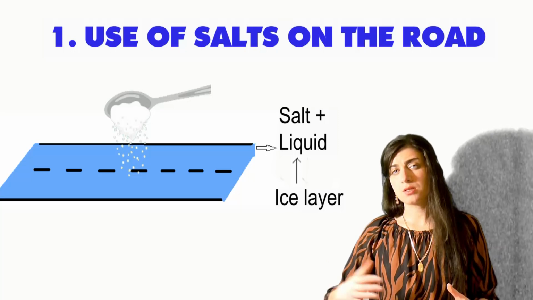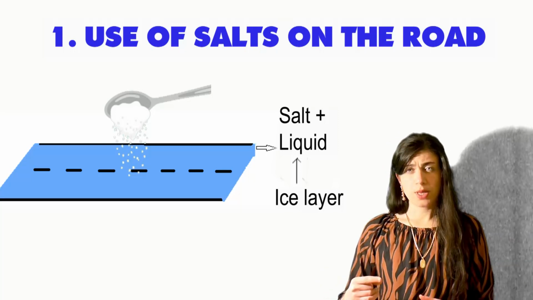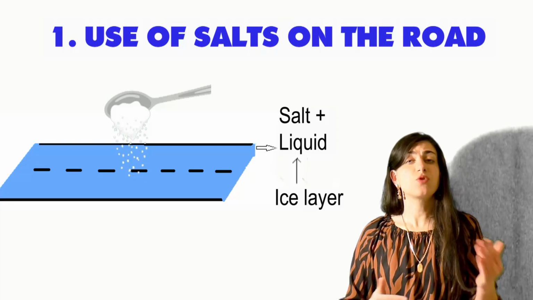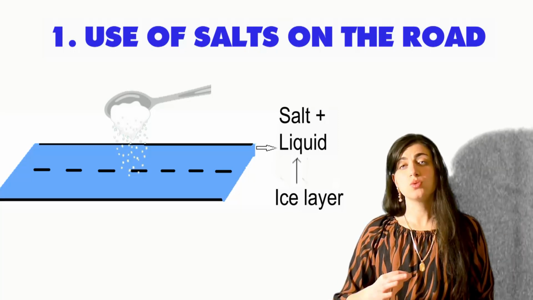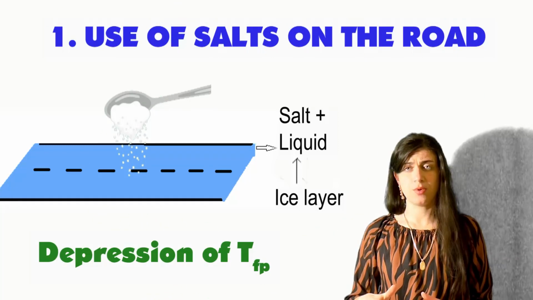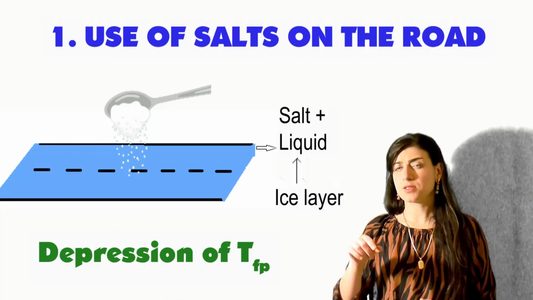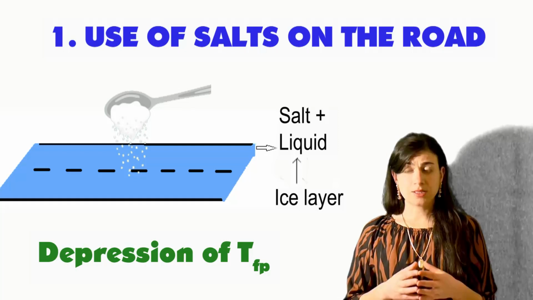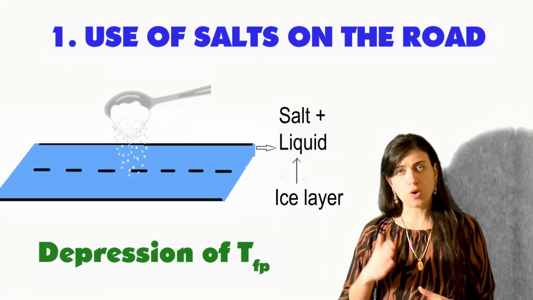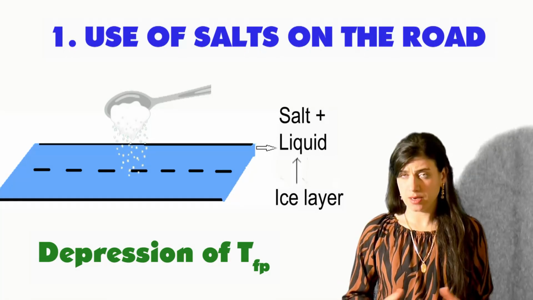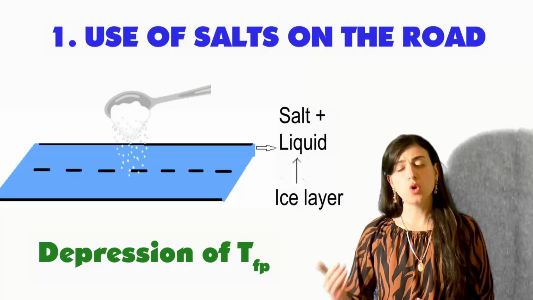Therefore, by spreading salt, not only do we melt the ice, but we also avoid its formation, because thanks to the colligative property known as depression of freezing point, now the water has salt inside, so indeed it's a solution. And so the freezing temperature of water won't be 0 Celsius degrees anymore, but will be lower.